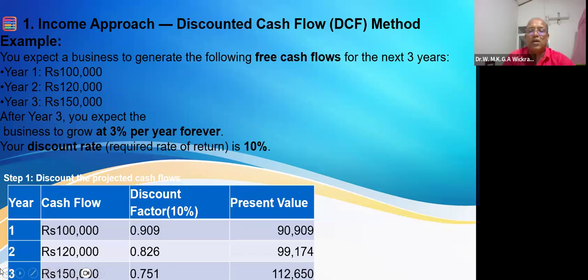Cash flows belong to you. Free means you can use these cash flows freely. It means how much is given by your company for the next 3 years. Now what we are trying to do here, using the income approach, discounted cash flow method, is to decide what is the value of our company.